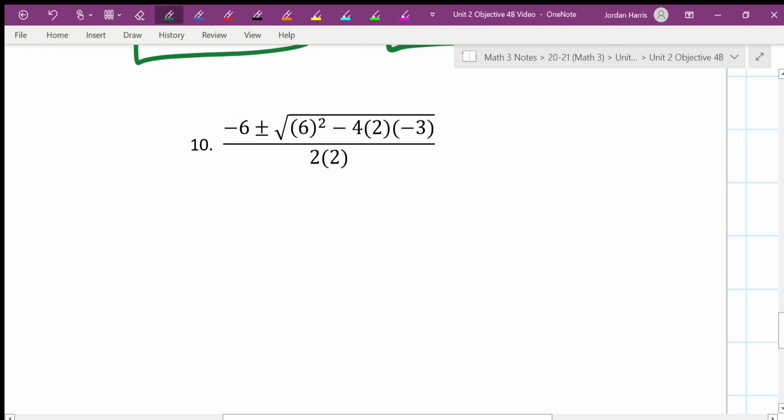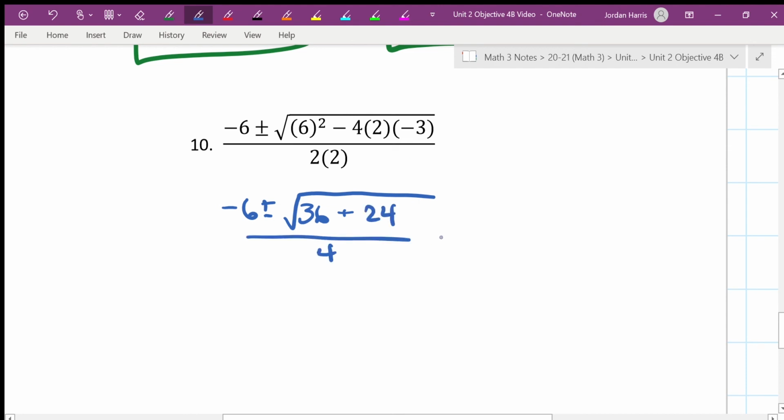The last one, number 10, so this might look familiar. We have to simplify this big old square root looking thing. So I have negative 4 times 2 times negative 3. Negative times a negative will make a positive. 4 times 2 is 8 times 3 is 24. All over 4. So then we combine negative 6 plus or minus the square root of 60 over 4.